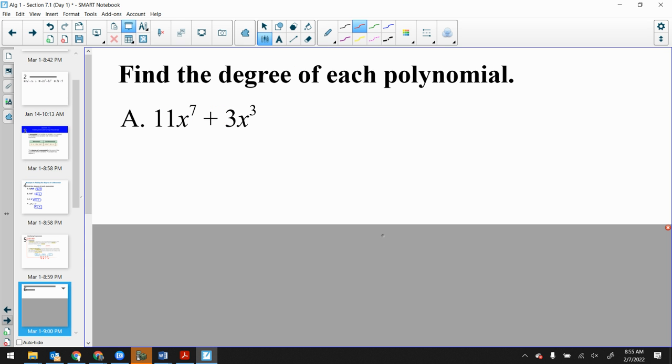Let's take a look at this next one here. Find the degree of the polynomial. Let's find the degree of each term, and then let's look at the highest one. What's the degree here? What's the degree here? 3. So what's my total degree? It's not 10. It's 7.